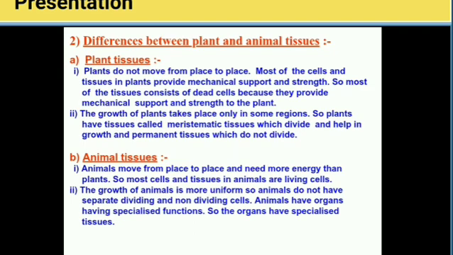Whereas animal cells or animal tissues show locomotion. They move from one place to another, so they require a high amount of energy, as well as some specific tissues for performing specific work. So that's why we have plant and animal tissues different.